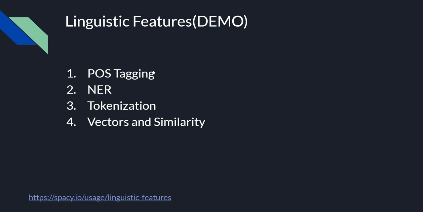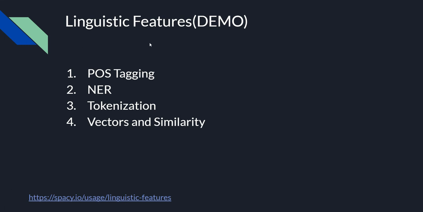Coming on to the linguistic features, some of the linguistic features which particularly drew my interest were part of speech tagging, named entity recognition, tokenization, vectors, and similarity. You can also go through this web link to know more about the various linguistic features.